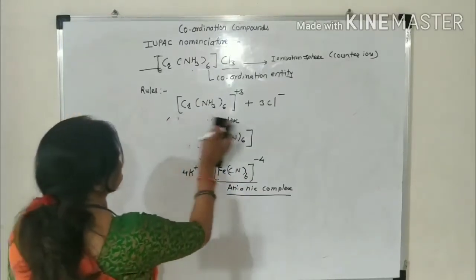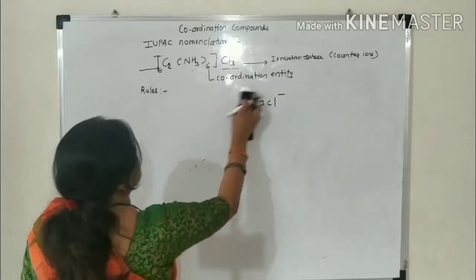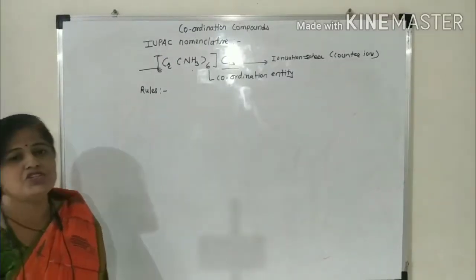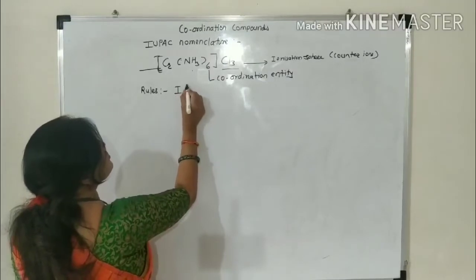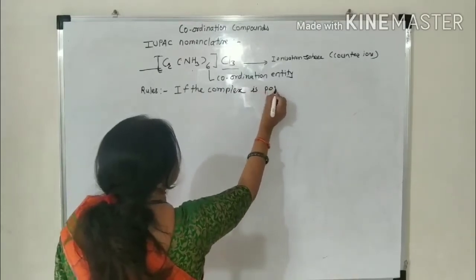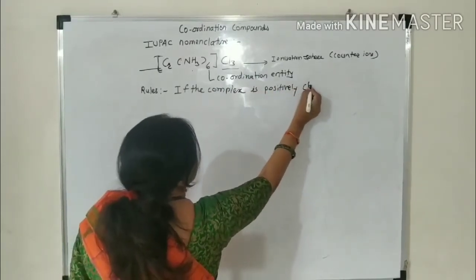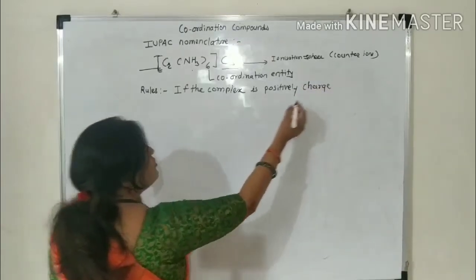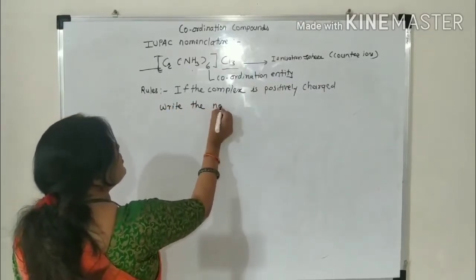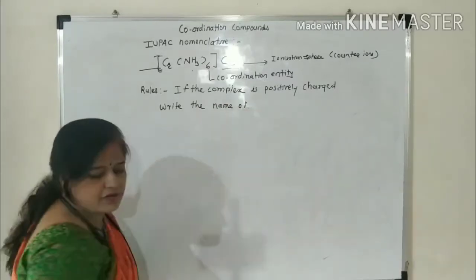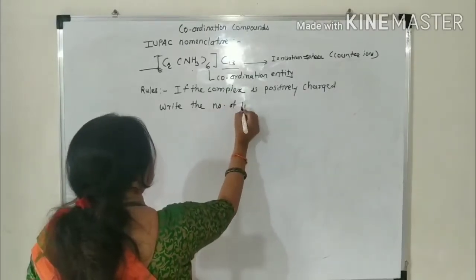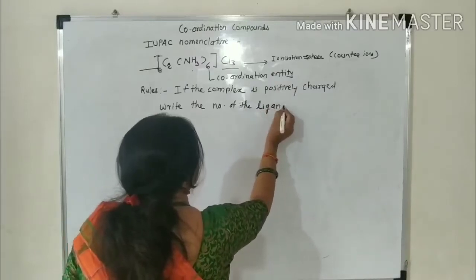Now rules. If the complex entity is positively charged, write the number of the ligands, not a name, the number of the ligands.